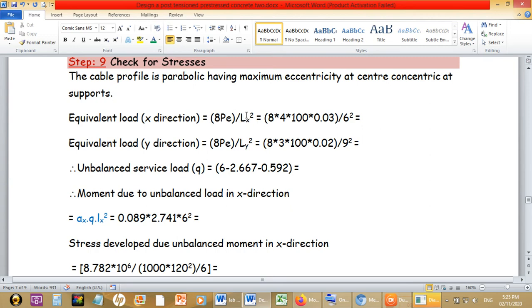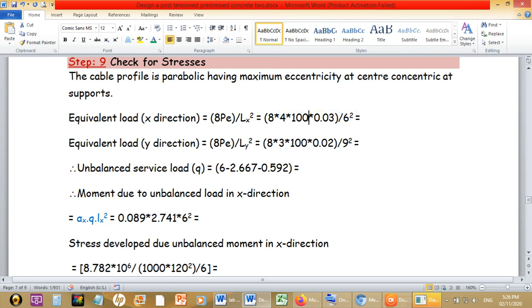Okay, so that is also explained in a very neat manner in the PPTs on the Google Classroom. You just follow that. Now just remember this formula, 8 PE by Lx square, equivalent load in x direction. P is the number of strands provided in unit width, 4 strands.